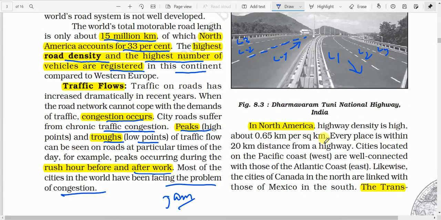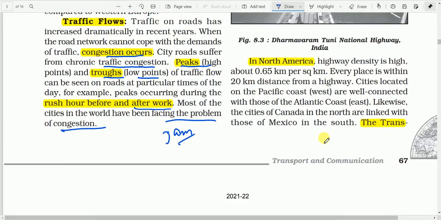Now let us read about the distribution of highways in the world. In North America, highway density is high, about 0.65 kilometers per square kilometer. Density is actually measured in terms of road length per 100 square kilometers, but sometimes it can be expressed per square kilometer also.